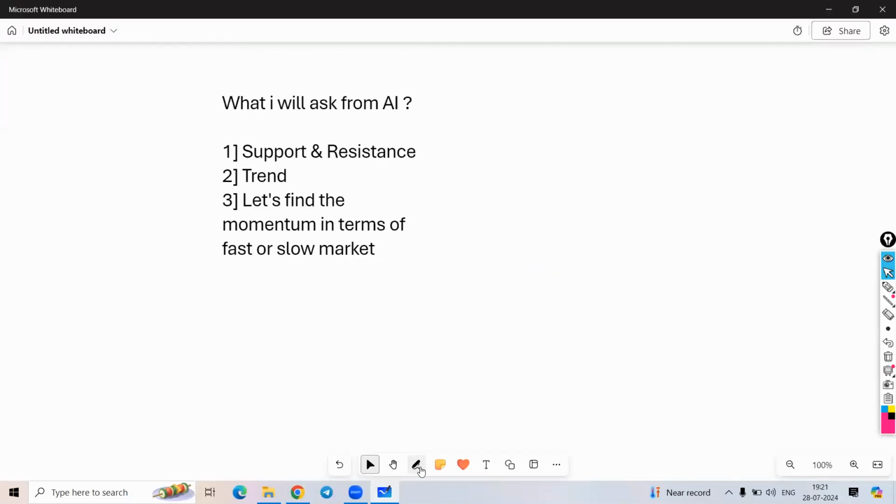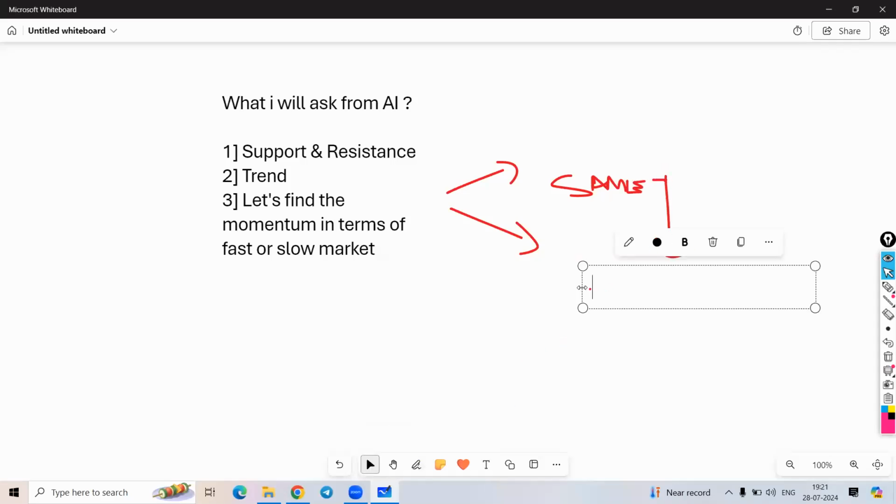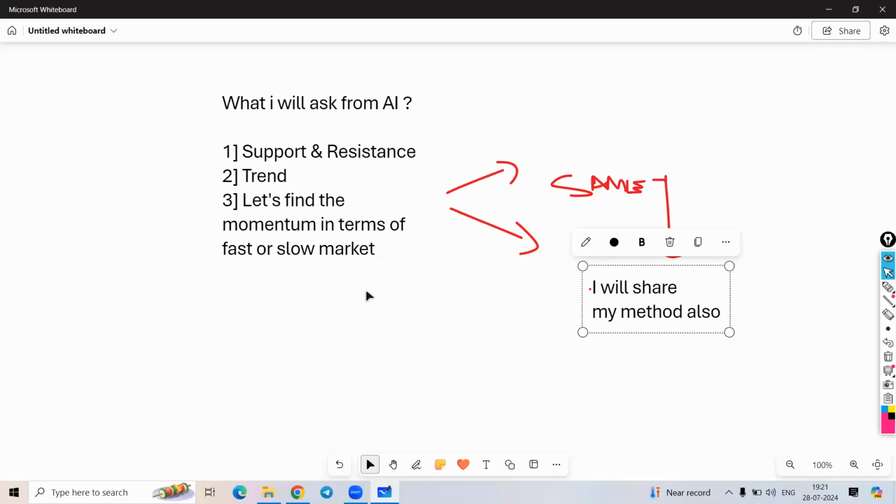Because I will do it in two stages. I will share my method also. So for that, you have to stay throughout the session.